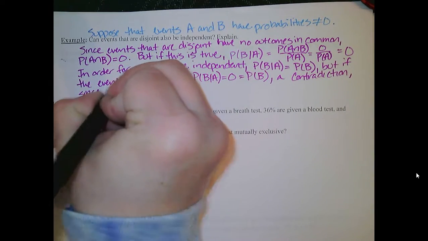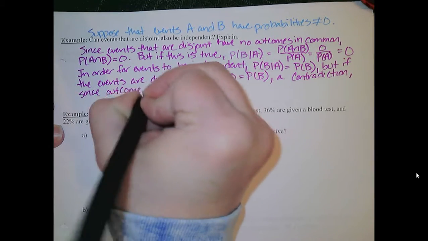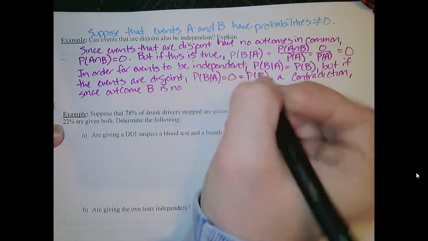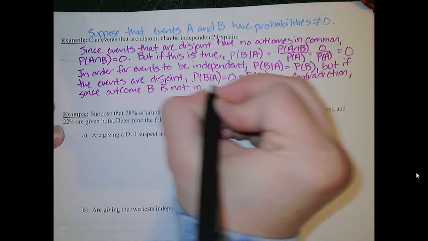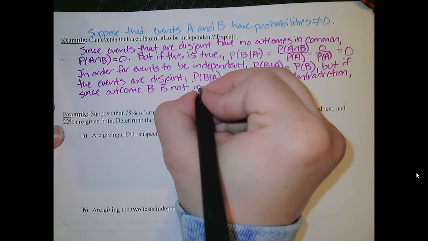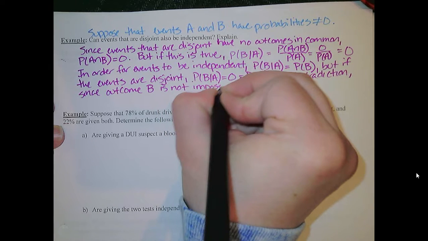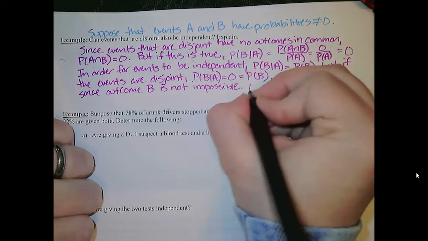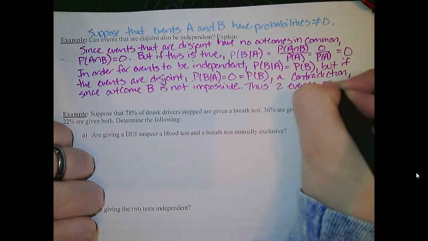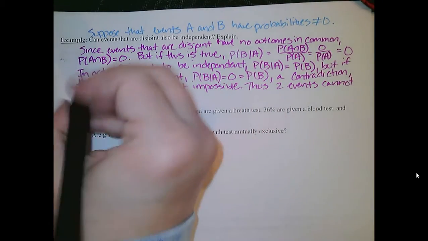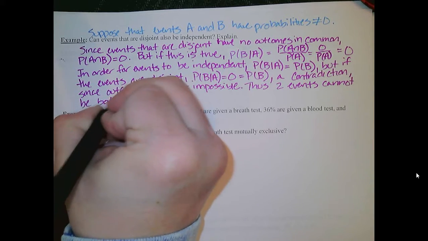Since outcome B is not impossible, it does have a probability of happening. Thus, two events cannot be both disjoint and independent.